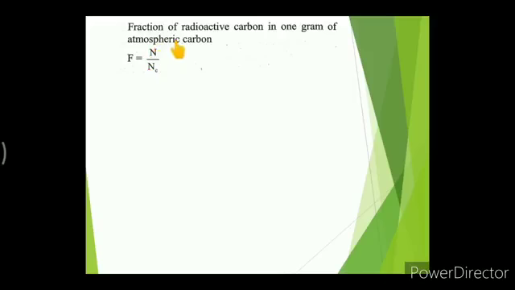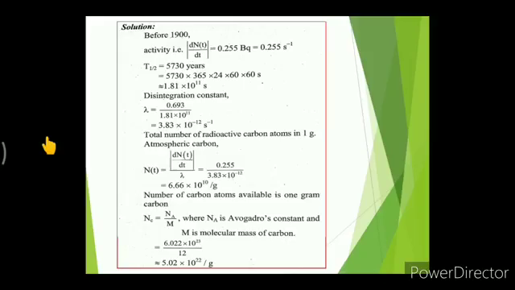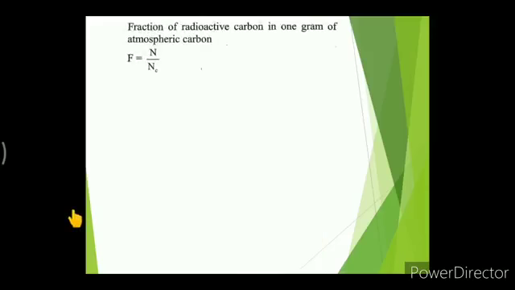N we have calculated, which is nothing but the total number of radioactive carbon atoms in 1 gram, and N_c we have also calculated, which is the number of carbon atoms available in 1 gram of carbon. So let's substitute the values. As N we have got 6.66 into 10 raised to 10, and N_c we are getting as 5.02 into 10 raised to 22.